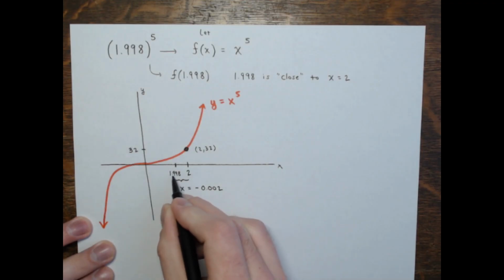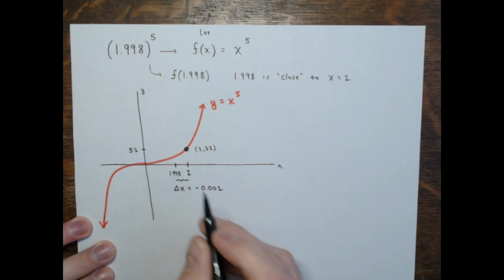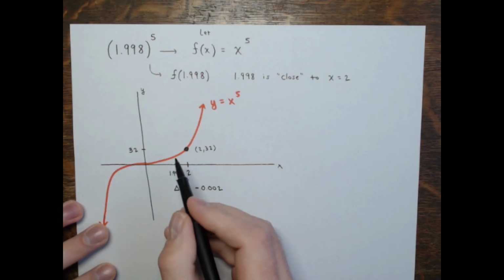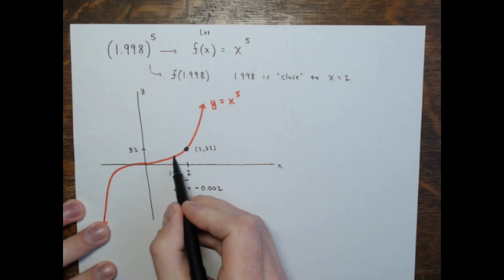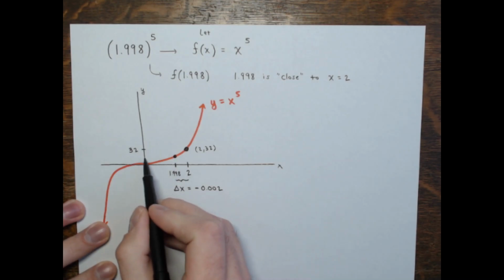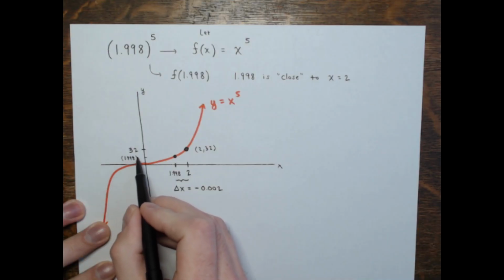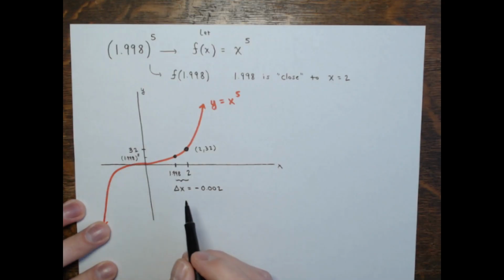I decreased my nice value by 2 thousandths. And decrease, so negative. Anyway, so I plug this in, that would give me what they're asking us to approximate, 1.998 to the 5th power.